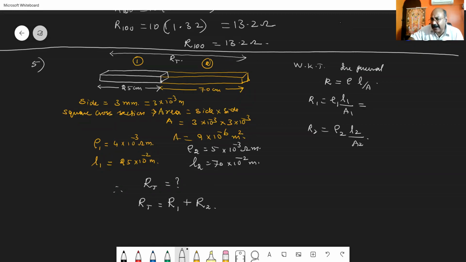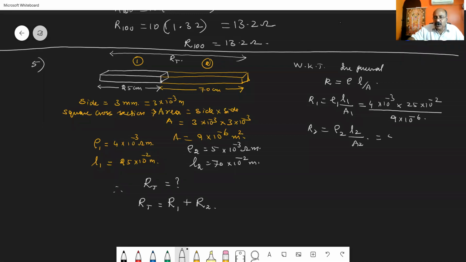First of all, I am calculating R1. Rho 1 is 4 into 10 to the power of minus 3 into L1, which is 25 into 10 to the power of minus 2, divided by A1. A is common, so 9 into 10 to the power of minus 6. Similarly, I can calculate for R2.